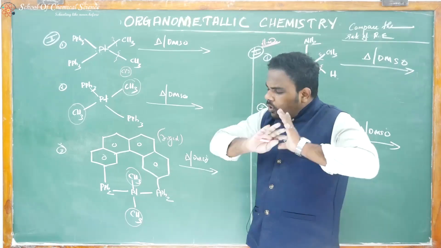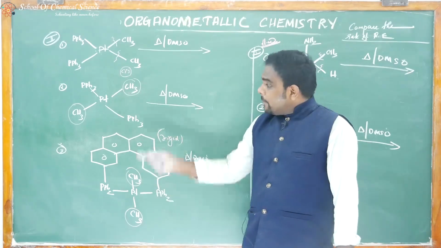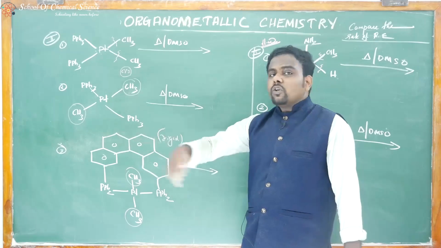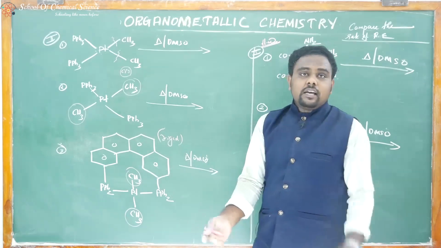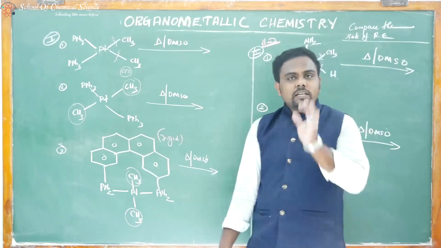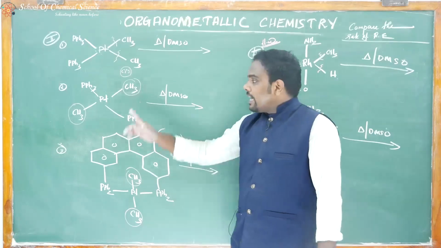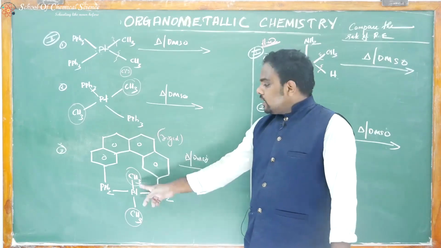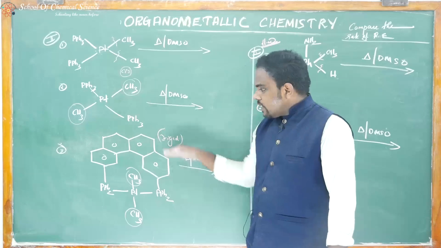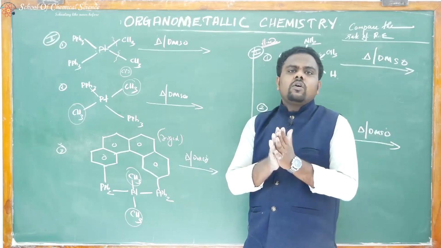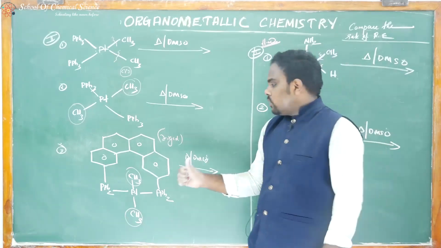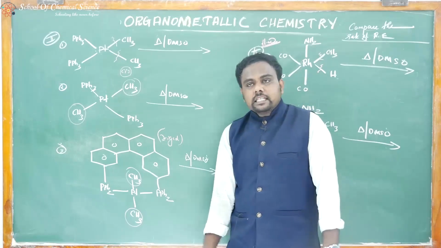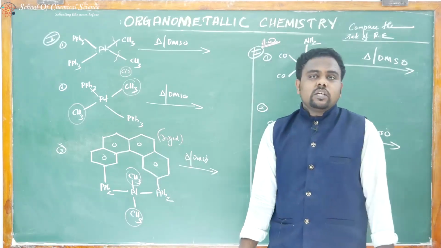So this will not show reductive elimination, but the other will undergo reductive elimination on heating by isomerization. A square planar trans complex undergoes reductive elimination by isomerization, but a rigid system of this type will not undergo reductive elimination. So this has the least rate, and the groups are trans to each other.